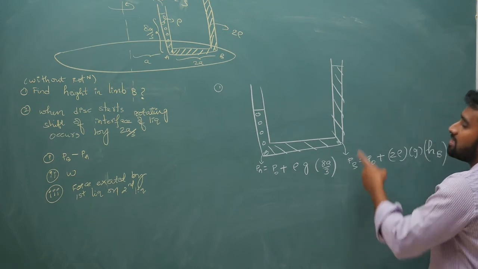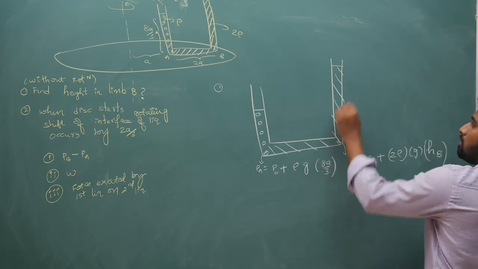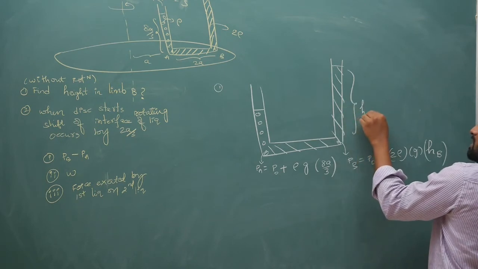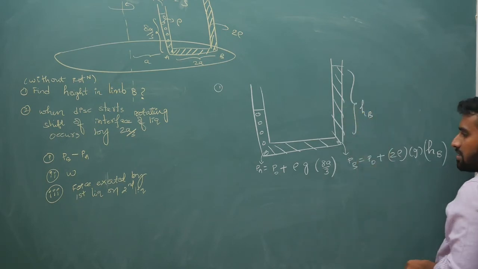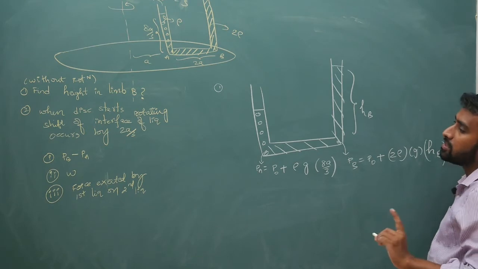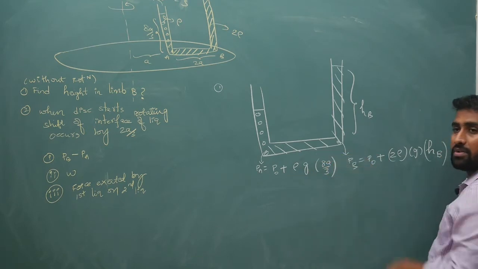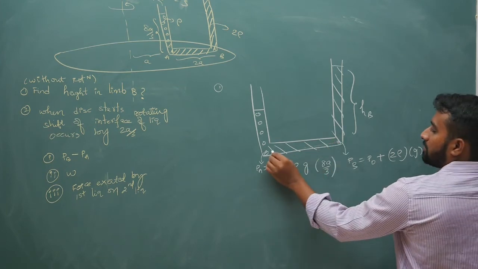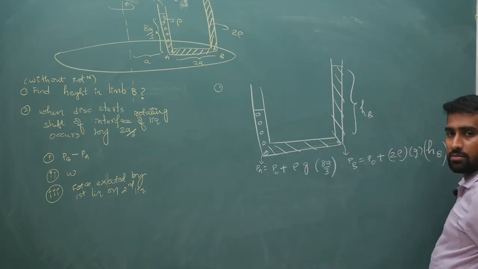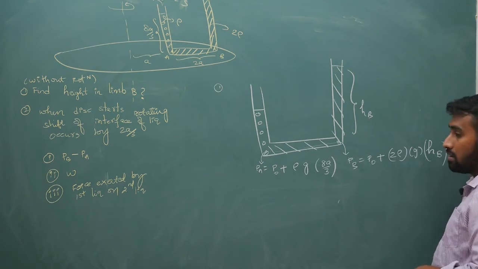Okay, this liquid's density is 2 rho. So if it is some HB, so this is the case. Now initially it is not rotating, so at the same height you must have same pressure. So all these points will have same pressure till here, all these points at the bottom will have same pressure. That means these two are equal.